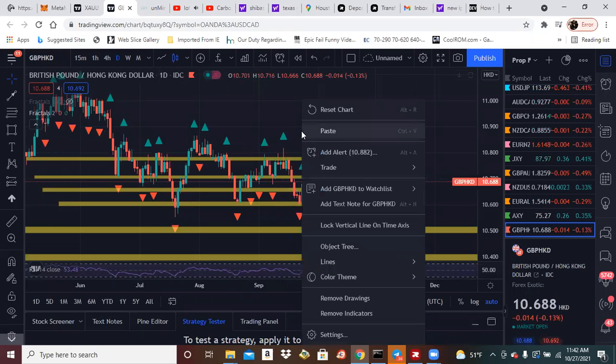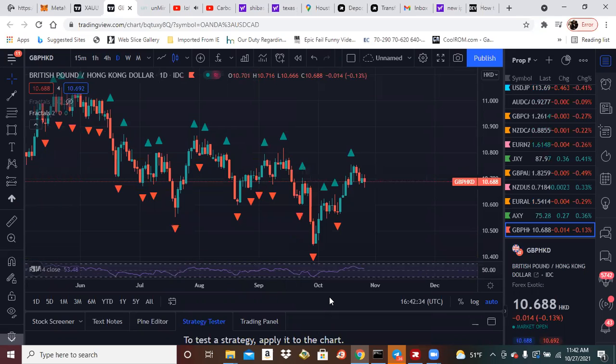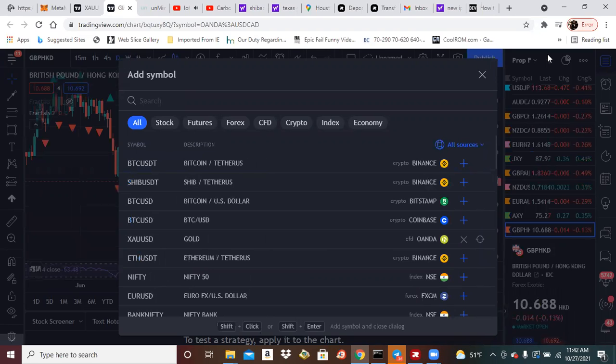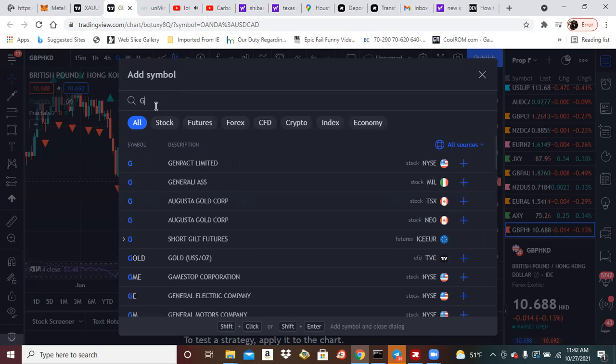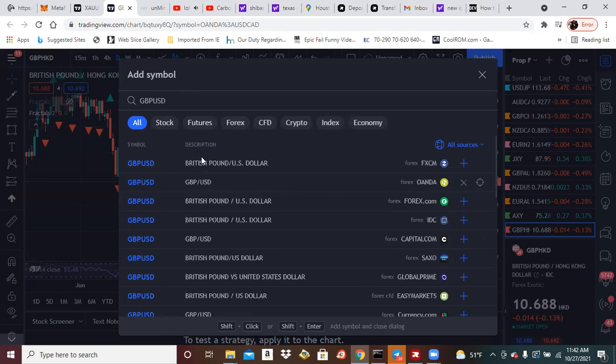I marked it up a very long time ago. Let's get that stuff off it. You see GBP Hong Kong? Now check this out. Yeah, the Hong Kong and GBP USD pretty much look the same. So here's GBP Hong Kong and look at GBP USD. This is why I say they move the same. And Euro is the same way.